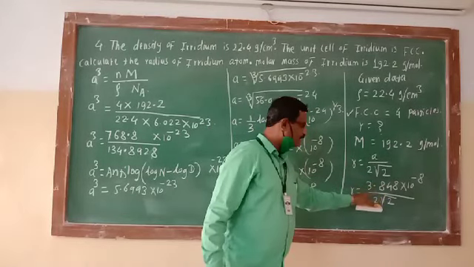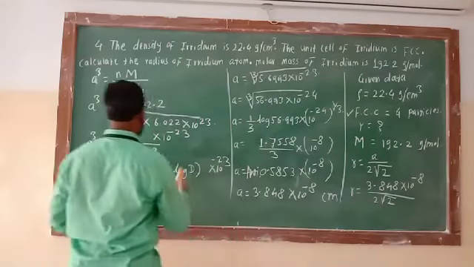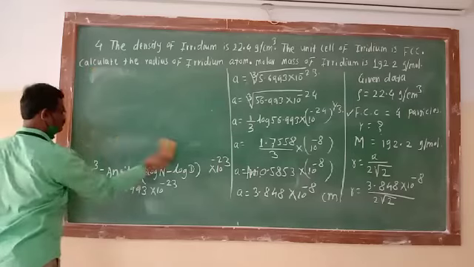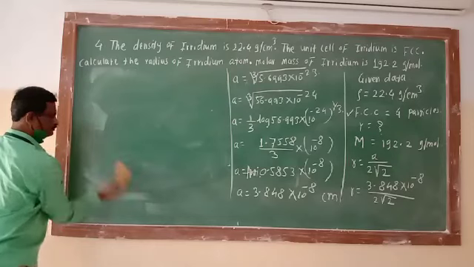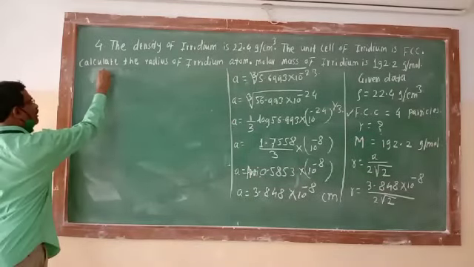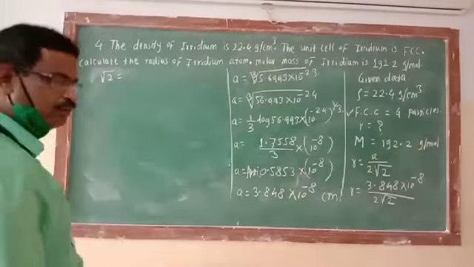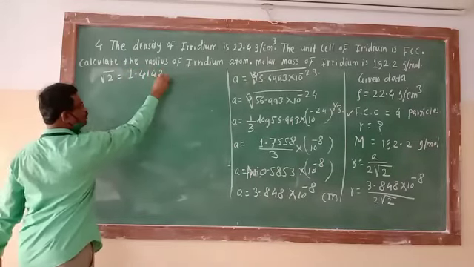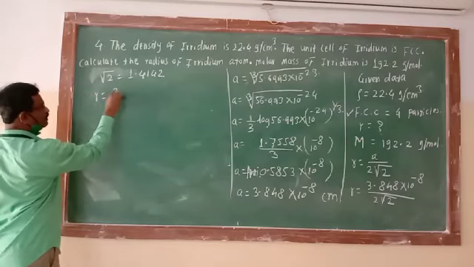Then log of denominator minus log of numerator. So let us see how to calculate that answer. Square root of 2, we know this answer. It is equal to 1.4142.